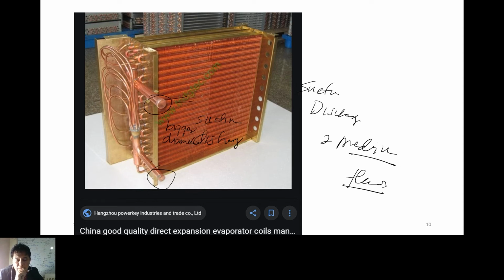The one which is bigger, that is the suction, because it was not labeled or declared. So this one is discharge. Dapat mas malaki yung suction because it is the one supplying, and also it is designed so that it can compensate for the pressure loss or pressure drop.